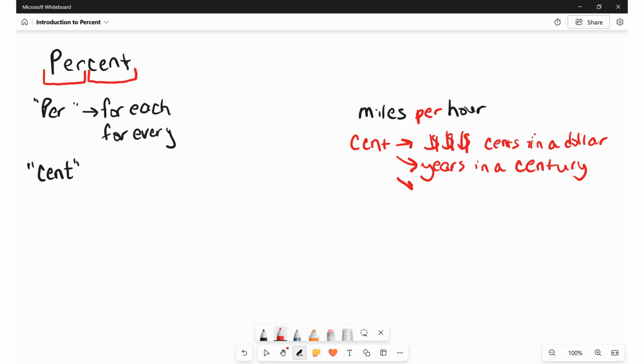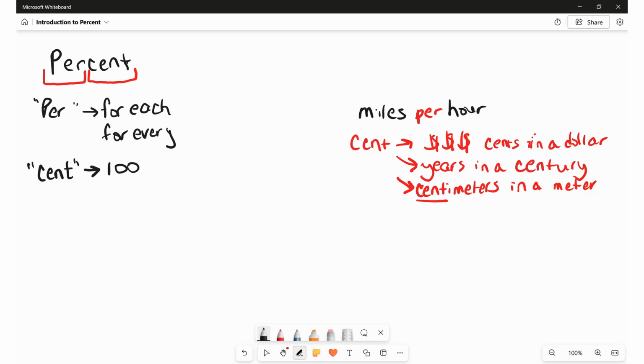Or, and we will see this when we get to chapter 2, centimeters, so there's that prefix again, in a meter. Each one of these, if you're playing along at home, cents in a dollar, years in a century, centimeters in a meter, all of these are 100.